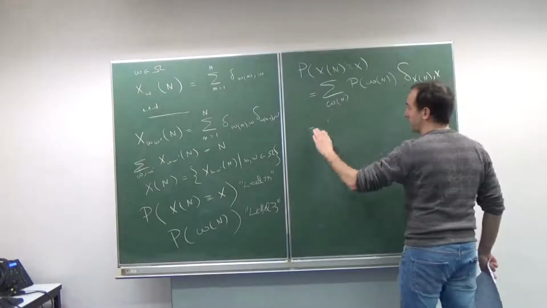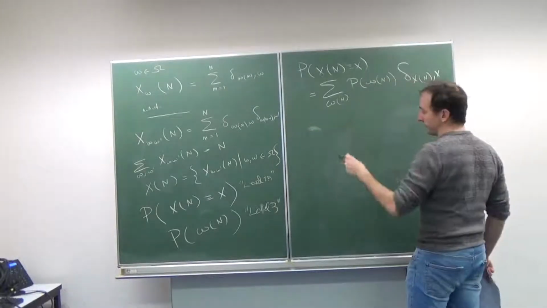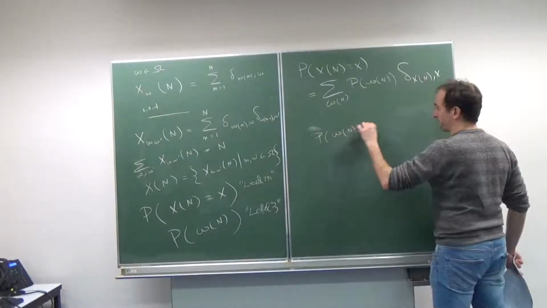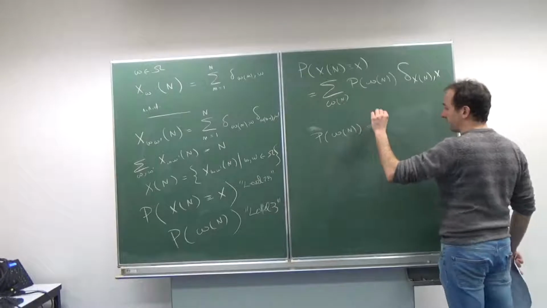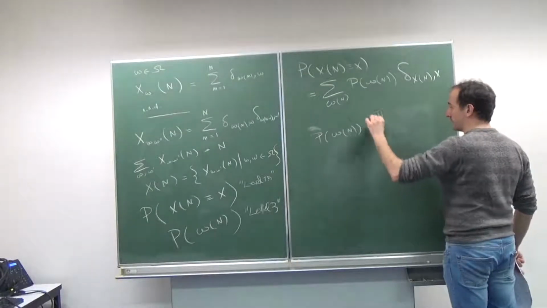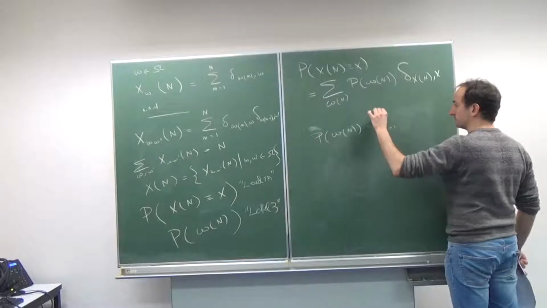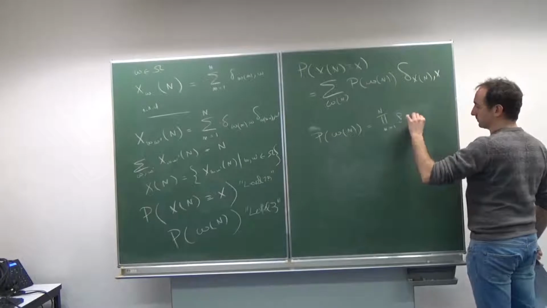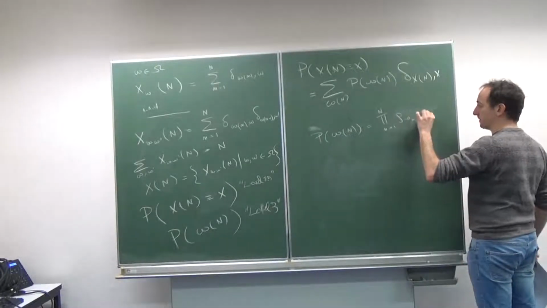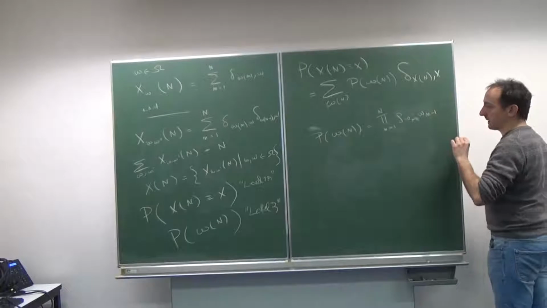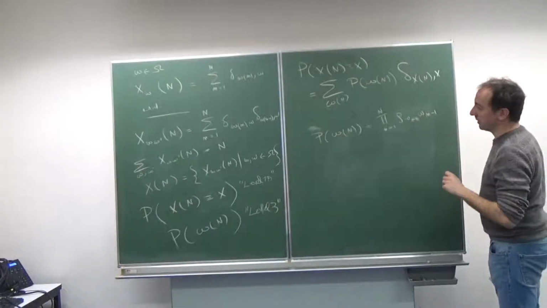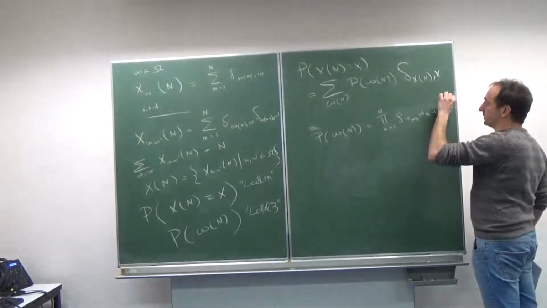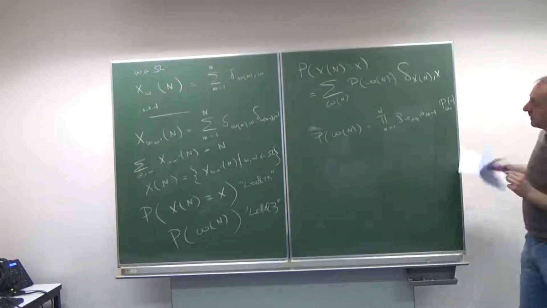I remind you that the probability of the trajectory is just the product of the transition probabilities, and then there is an initial probability that we can write as p(omega_0).